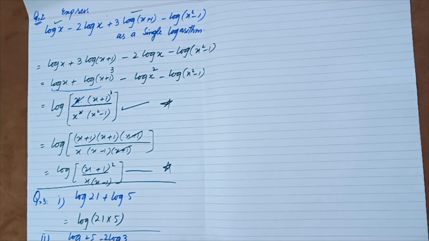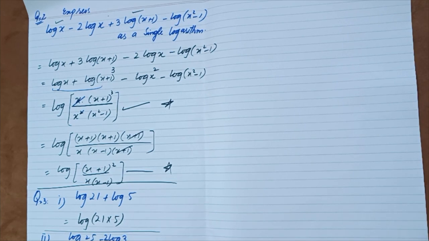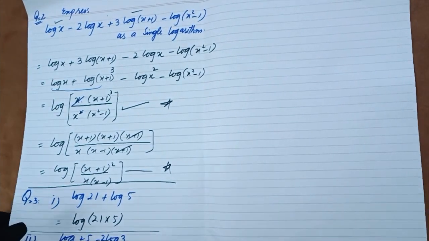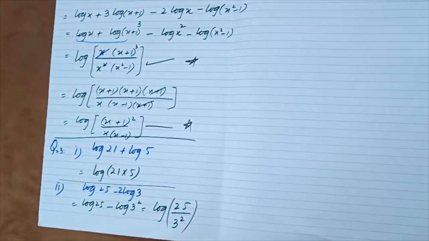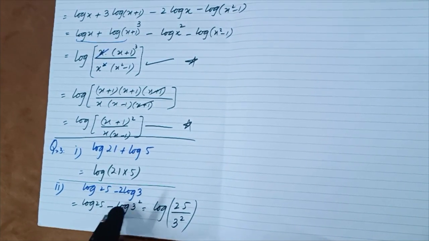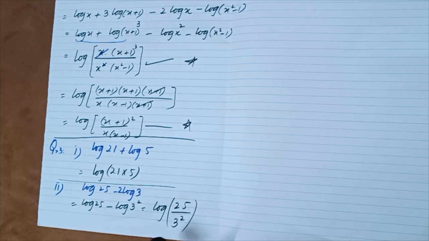In the single logarithm, 25 will be the numerator and this minus term will be in the denominator. So it's done. Like this, 2 is sent in the power, and then minus means they are written in a ratio form.